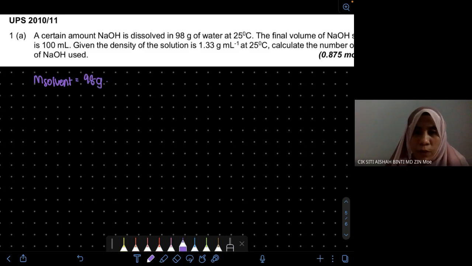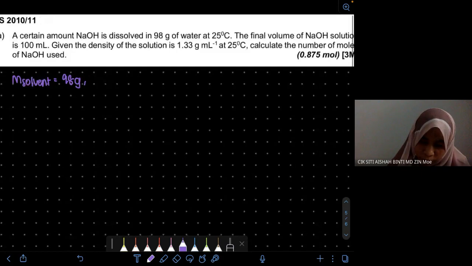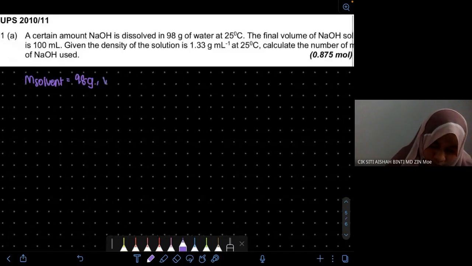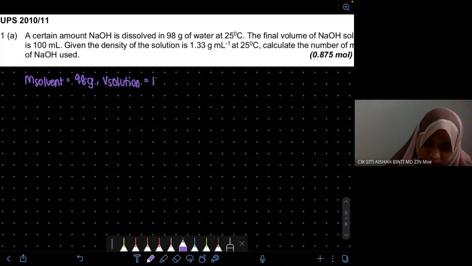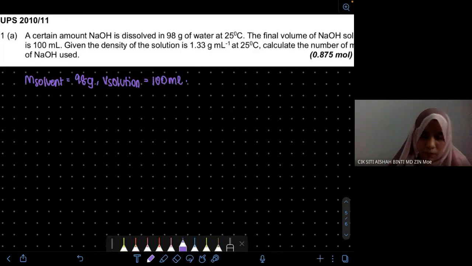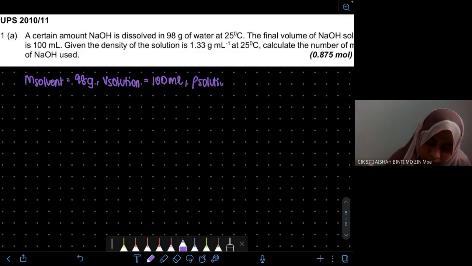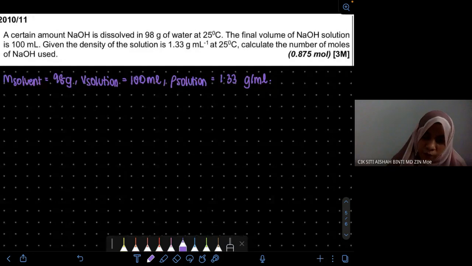And then the final volume of NaOH solution, so the volume of solution is actually 100 ml. And given the density of the solution, it's actually 1.33 gram per milliliter.